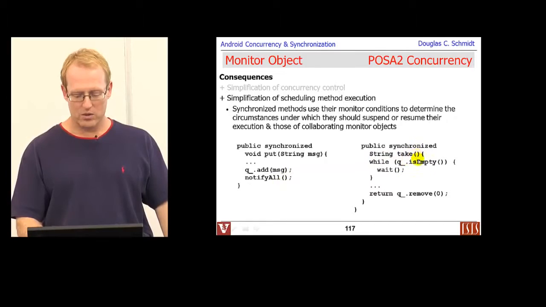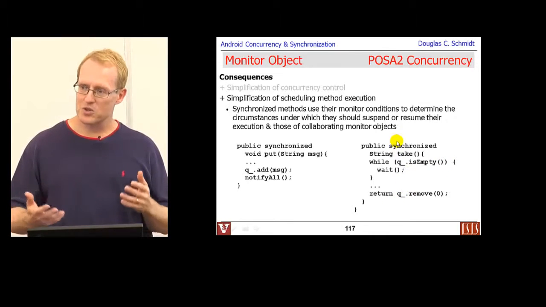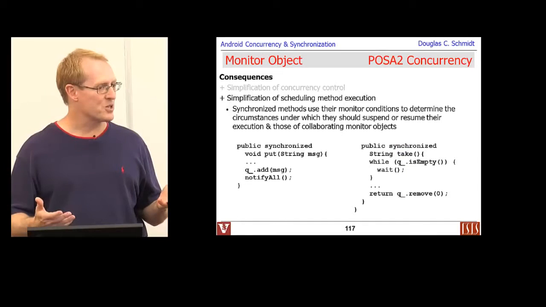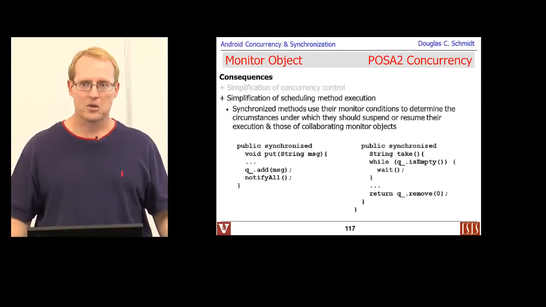Likewise, take will sit there and wait while the queue is empty, and when the queue is no longer empty, it can go ahead and remove an item from the queue. More sophisticated implementations do a better job of optimizing this stuff, and we'll take a look at that in a second when we see how the code looks internally in the Java concurrency library implementations.